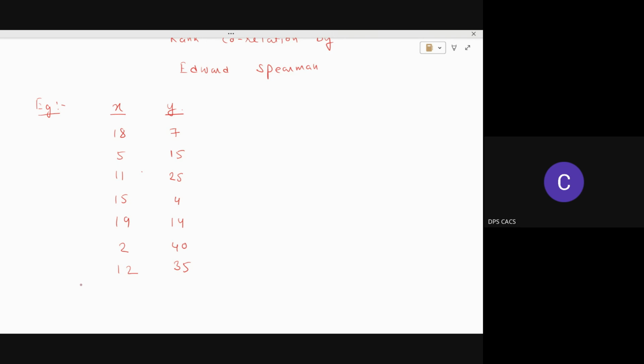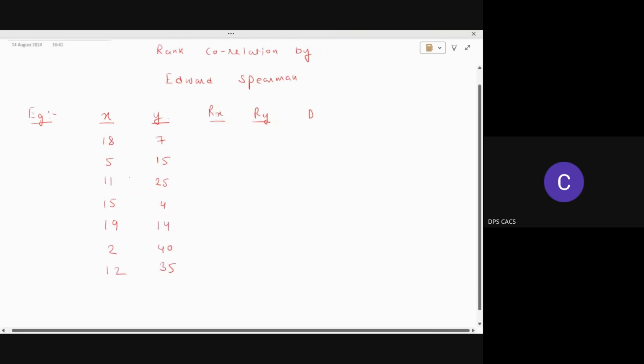Step number 1, allot the ranks and make Rx and Ry column. Step number 2, make D column. But instead of D column, I will make a D square column, because in the formula I need a D square column.